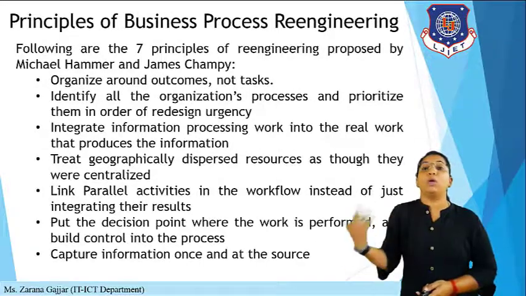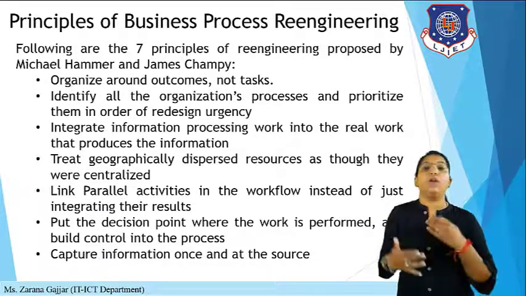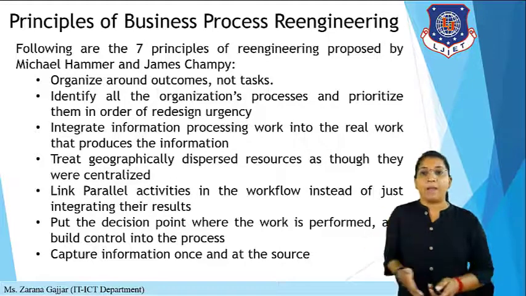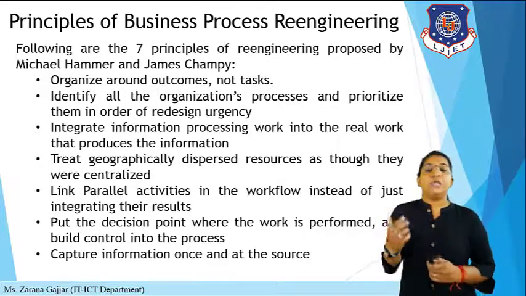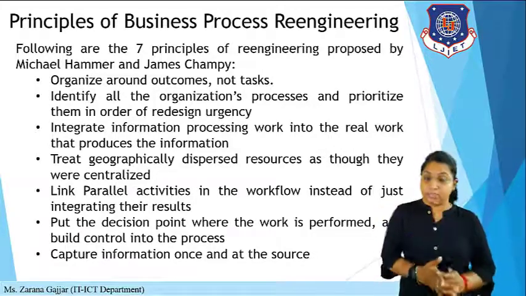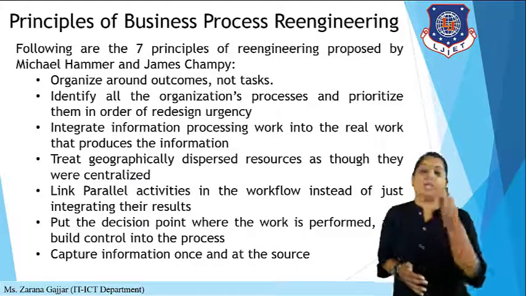Now let's discuss the principles of BPR. There are 7 basic principles of business process re-engineering, proposed by Michael Hammer and James Champy. The 7 principles are like: organize around outcomes, not tasks. So you have to organize around the outcomes. What will be the outcomes after you are doing re-engineering?